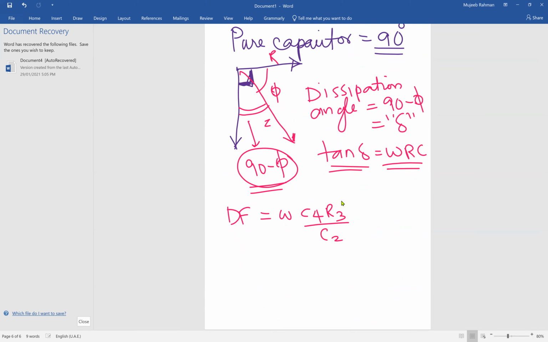In our case, tan delta is equal to omega R1 and C1.